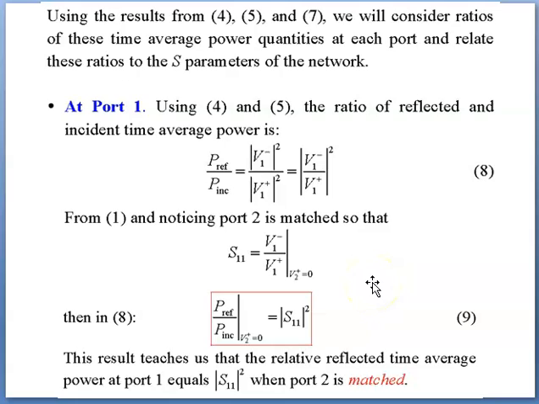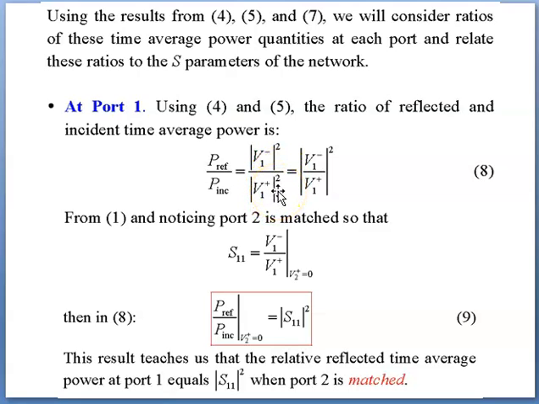Now we want to relate the time average power with the S parameter. At port 1, the ratio of reflected and incident time average power: P reflected over P incident is equal to V1 minus squared over V1 plus squared.